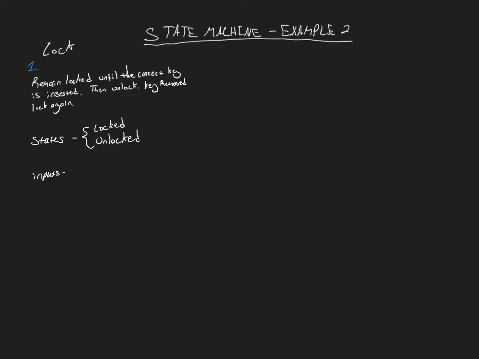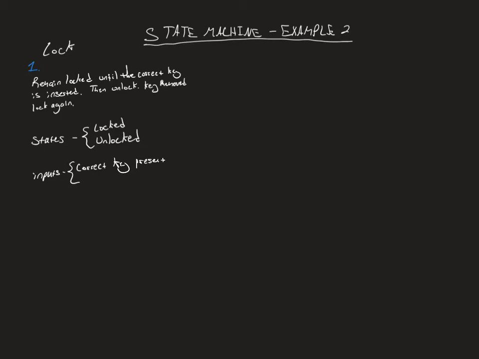Well, we've got correct key present, and that's it, because we don't actually need another input. We just need to know if the correct key is not present. So it's a Boolean variable. Either it's there or it's not there, right? We either have the correct key or we do not have the correct key. If we have the correct key, unlock. If we don't have the correct key, lock. Correct key present.